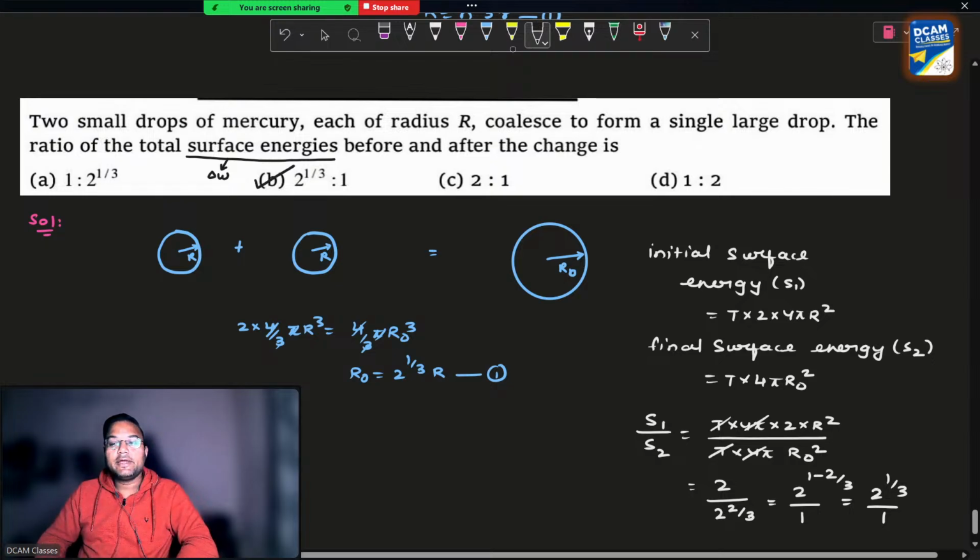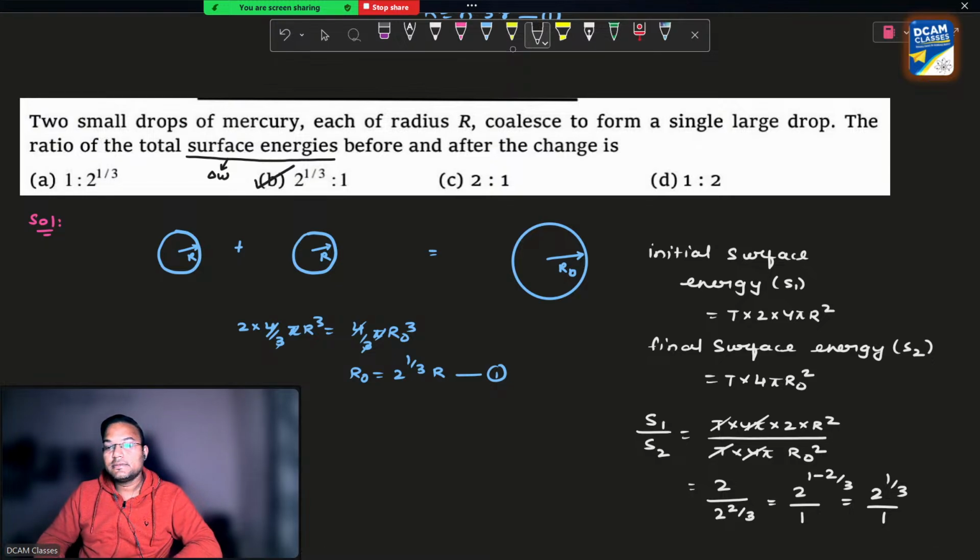You calculated the ratio of final surface energy to initial surface energy, I think. Yes, sir. Silly mistake. But they have asked the ratio of total initial surface energy to the final surface energy, before and after the change.